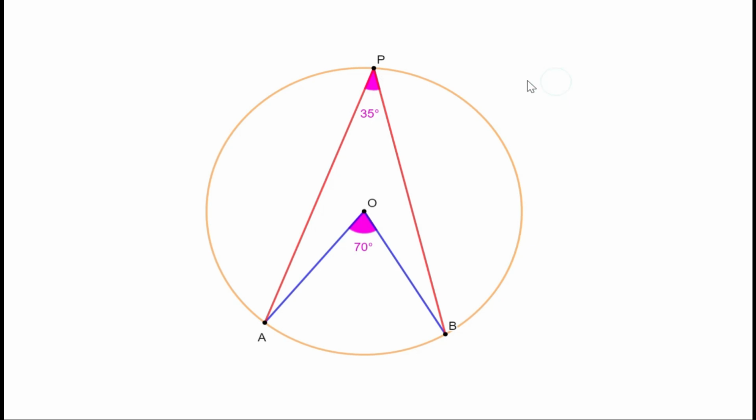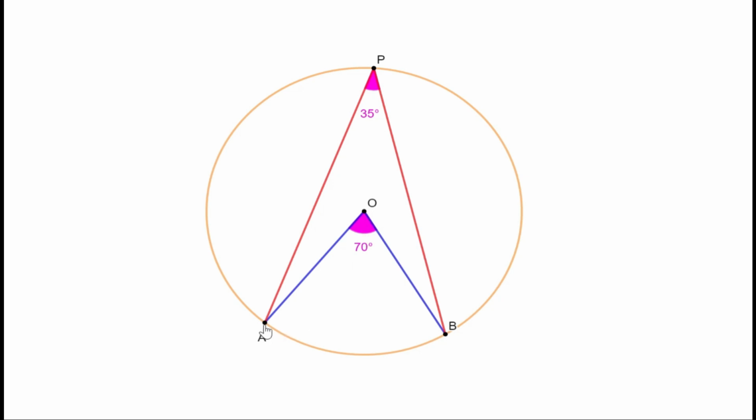So what did we see now? When this angle is on this arc, it is half the central angle. When the angle is on the same arc AB, it is not half the central angle. So we can say the angle made by this arc AB on its alternate arc is half its central angle.